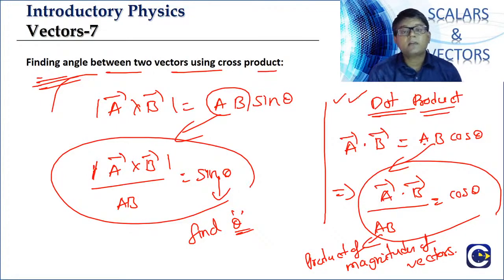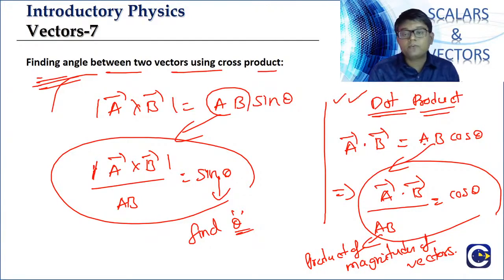If vectors are given in the component form, then finding the cross product, because we haven't done the derivation yet, we have the derivation coming up, in some time we will do the derivation also, will be a little bit more tedious than finding the dot product. Dot product is very easy.